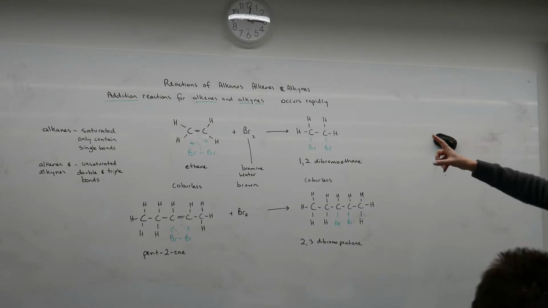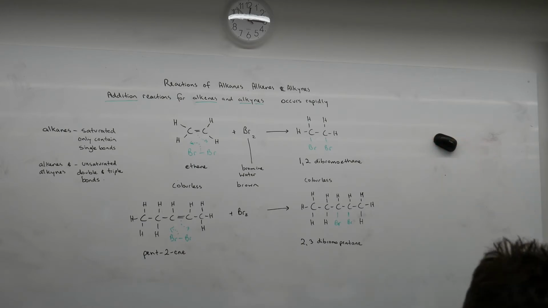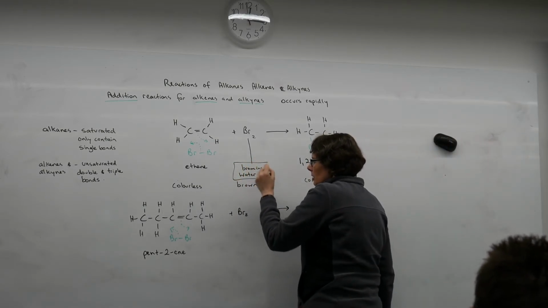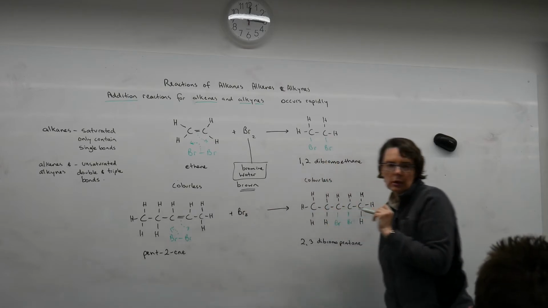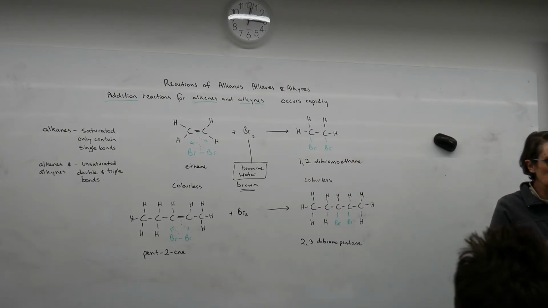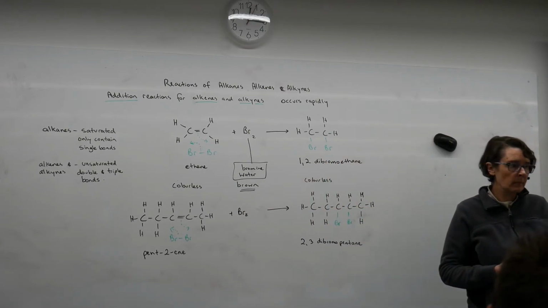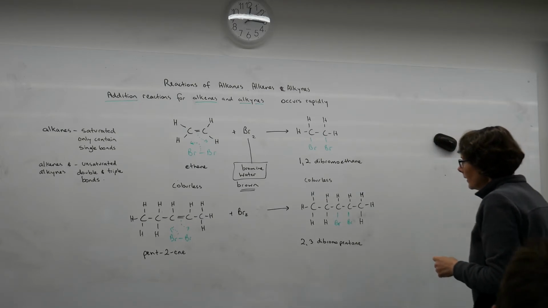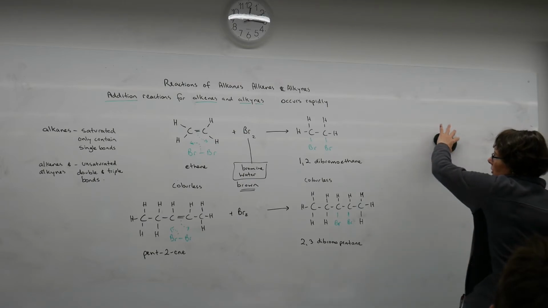I can use any of my halogens and have the same reaction. But most of our reactions focus on using the bromine water because we can use it as a diagnostic tool with this colour change. Right? But the reactions would all be the same for the other halogens.